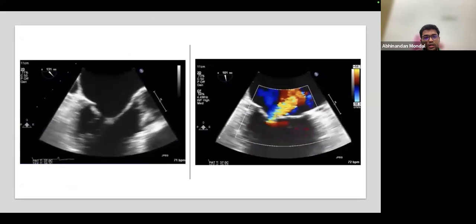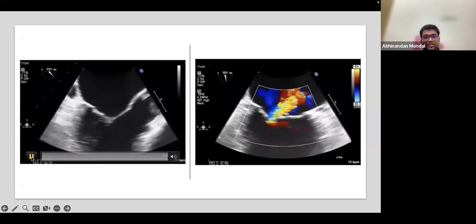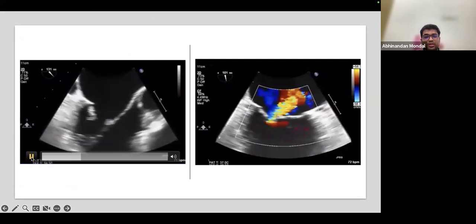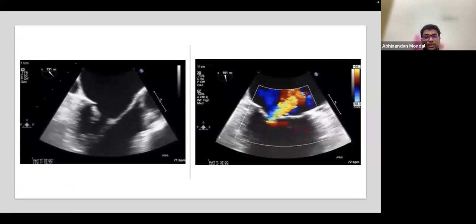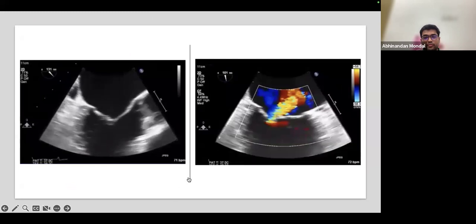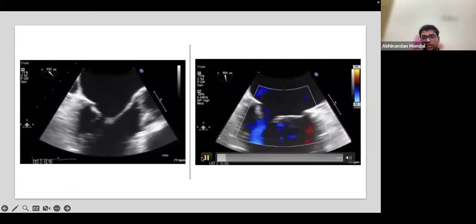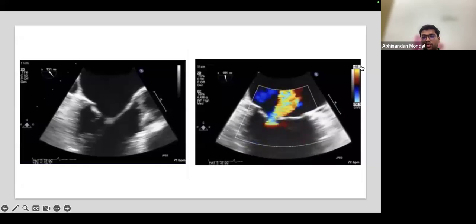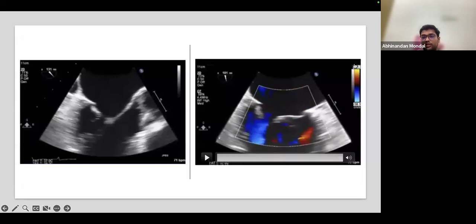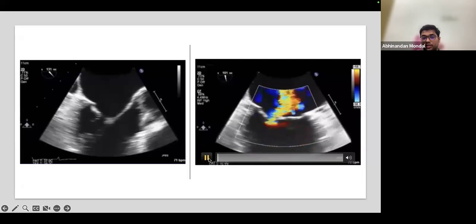Now you can see the leaflet is actually moving less. It is restricted movement. So this is a Carpentier type 3. Similar kind of patient. Now you can see over here the scale is 56.